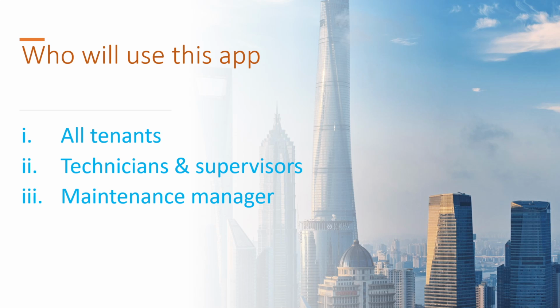Who is going to use this app? Obviously, all the tenants who have any defects, maybe the door wouldn't open, or maybe the paint faded, and so on, they will repair. The technicians and the supervisors who fix the problem, and the maintenance manager who facilitates the process.